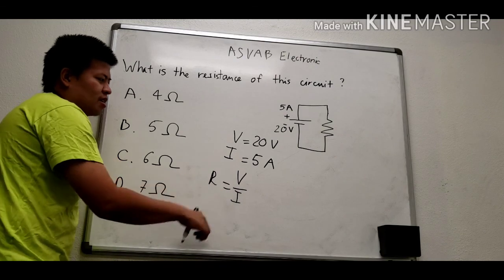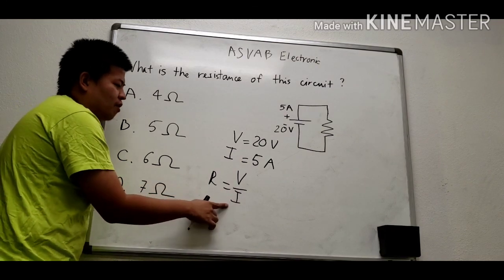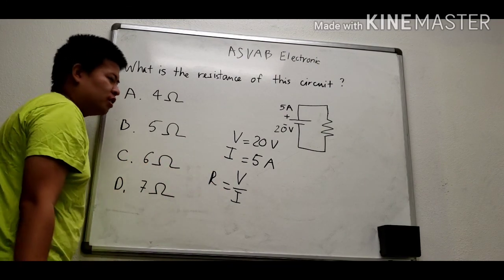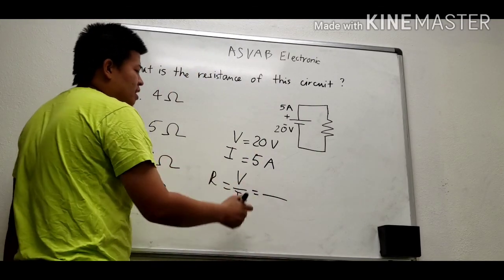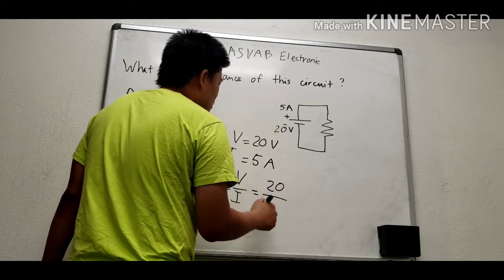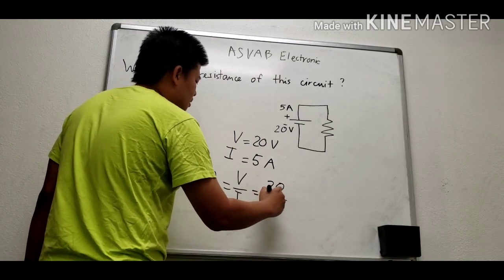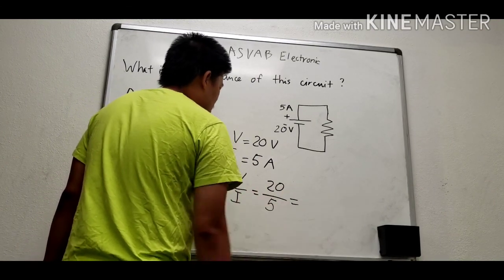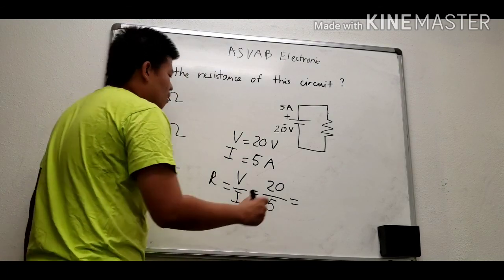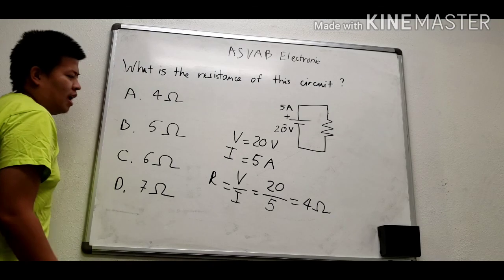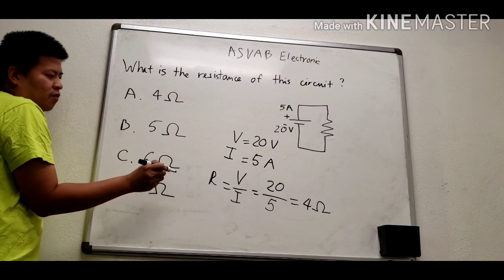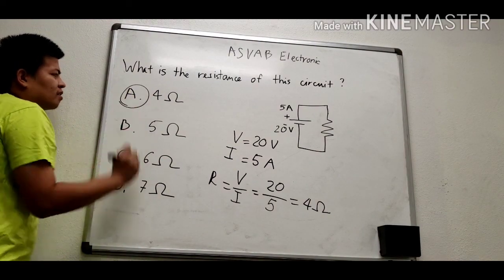We have V for the voltage and I for the current. V here is 20, we have 5 here. So the resistance for this question is 4 ohms.